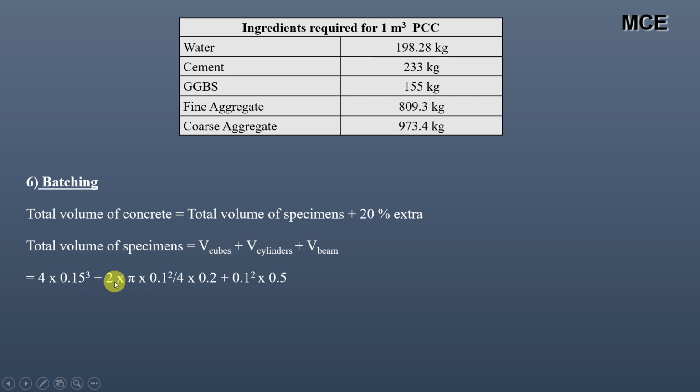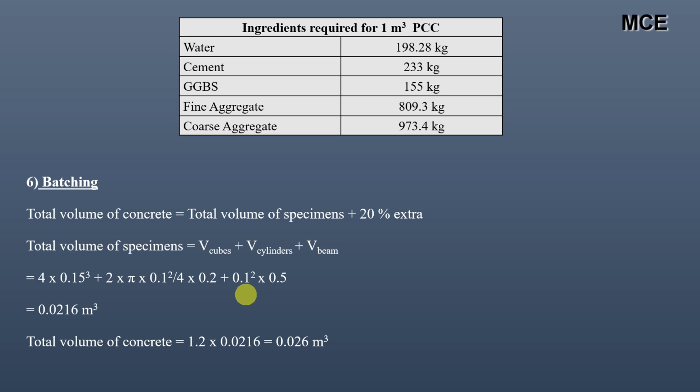Cylinders, 2 cylinders, 2 into pi d square by 4, where d is 100 mm, and height of the cylinder is 200 mm or 0.2. And volume of beam is 100 mm into 100 mm into 500 mm, so 0.1 square into 0.5. So total volume for our specimen is 0.0216 cubic meter. Total volume of concrete is 1.2 multiplied by 0.0216 because we are taking 20% extra for losses. So total volume of concrete is 0.026 cubic meter.